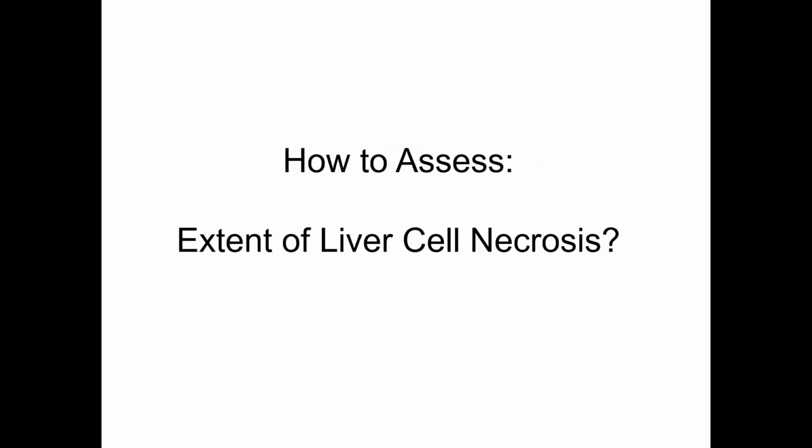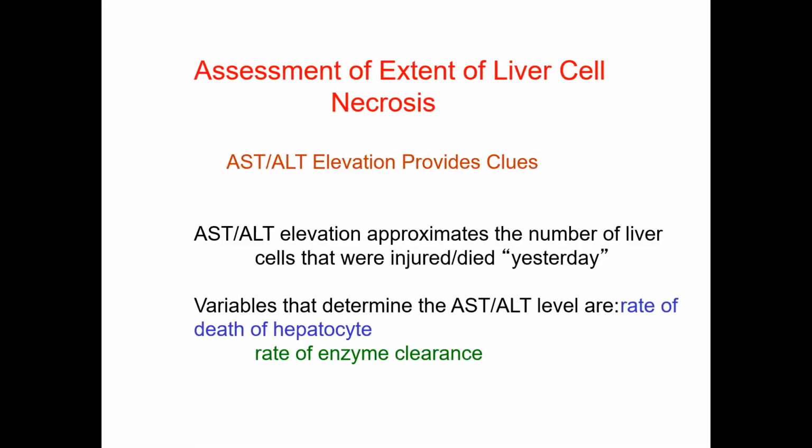So then, how do you assess the extent of damage to the liver cells, particularly your cell necrosis? As we have mentioned in a previous session, you can assess the extent of liver cell necrosis by looking at AST or ALT elevation, which provides certain clues as to the number of liver cells that were injured or that died yesterday.